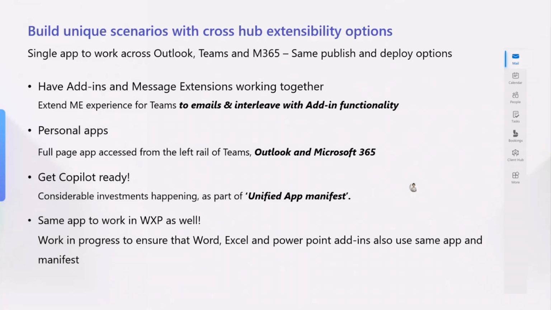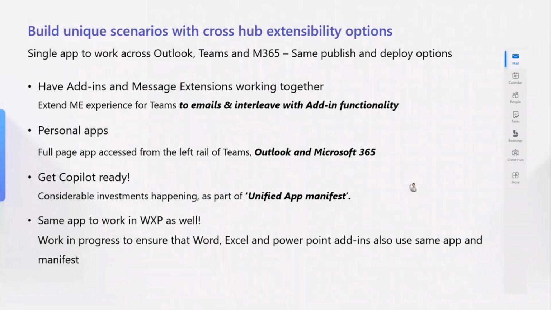So there's a lot of possibilities here that you can think about. But the bottom line is that because add-ins and other extensibility options are part of one package now, they can work in conjunction very well.